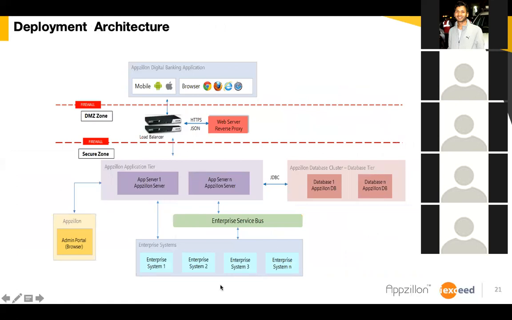So you can have multiple enterprise systems. You can consume the APIs by the enterprise systems directly or via an ESB. The application server, which is hosting the middleware, as well as, in cases of internet banking, the application itself, can be clustered. Likewise, the database also can be clustered into active, passive, and so on.